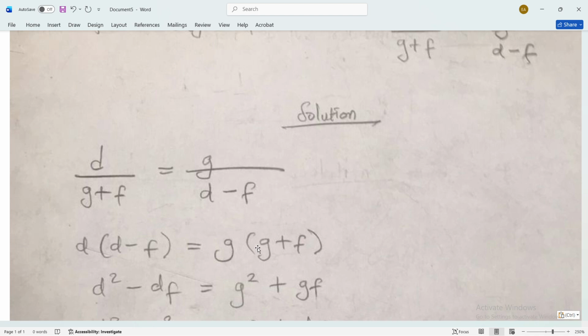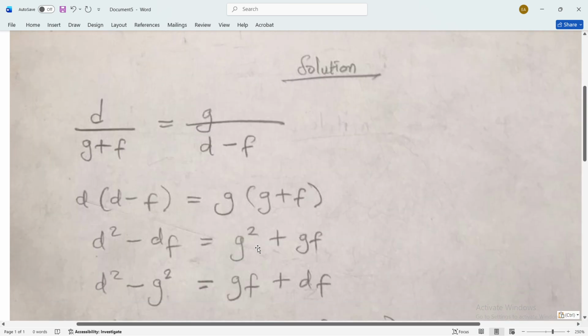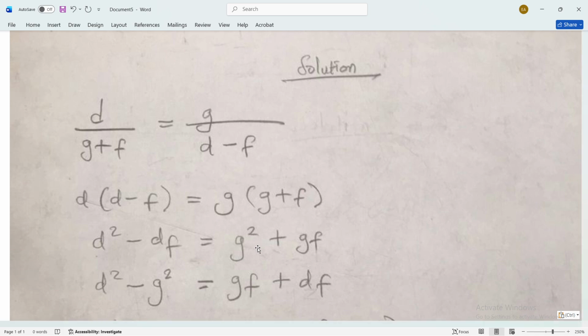Those with like terms will be grouped at one side, and those with unlike terms at the other end of the equation. So we maintain this d square. And j square is a positive number, and it does not have the variable f in it, so we have to move it to the left hand side of the equation.